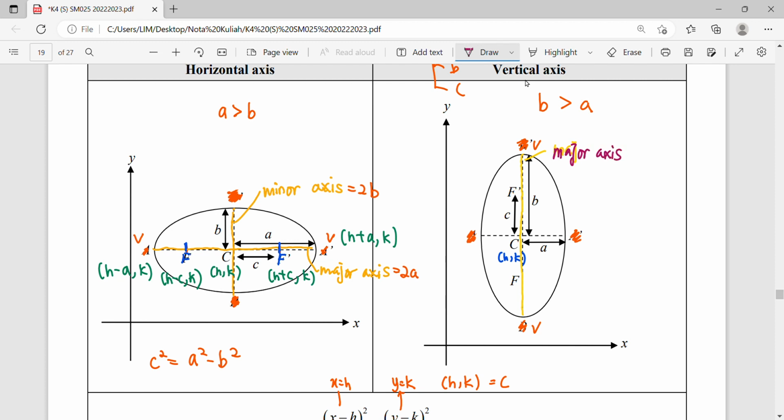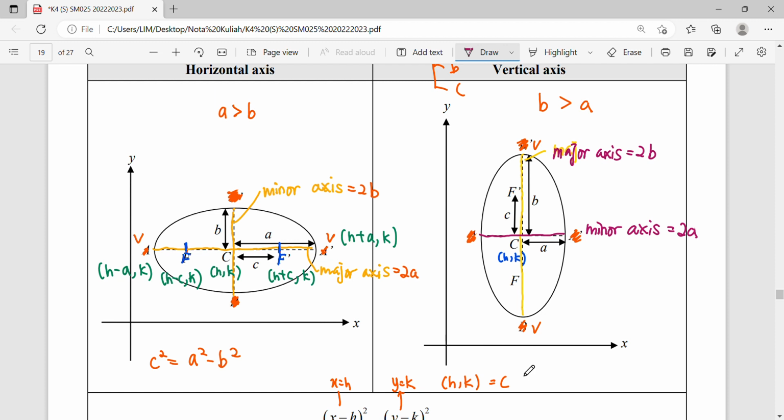And then this is our minor axis. So vertex, focal point, center all happen at major axis. So the length of minor axis here secara melintang nilai A. So the length of minor axis is 2A. The length of major axis here is 2B.